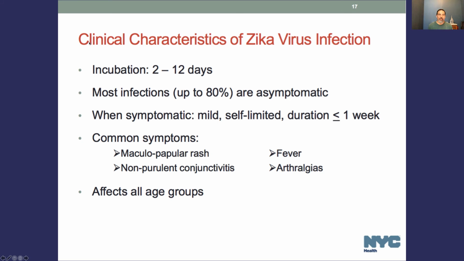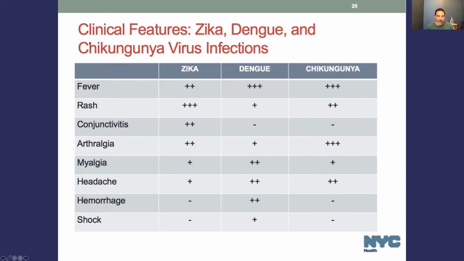In terms of clinical characteristics, the incubation period is 2 to 12 days. Most of the infections are asymptomatic, and when they are symptomatic, it's usually a mild self-limited illness of short duration. Common symptoms include maculopapular rash, fever, non-purulent conjunctivitis, and joint aches, arthralgias. It affects all age groups.